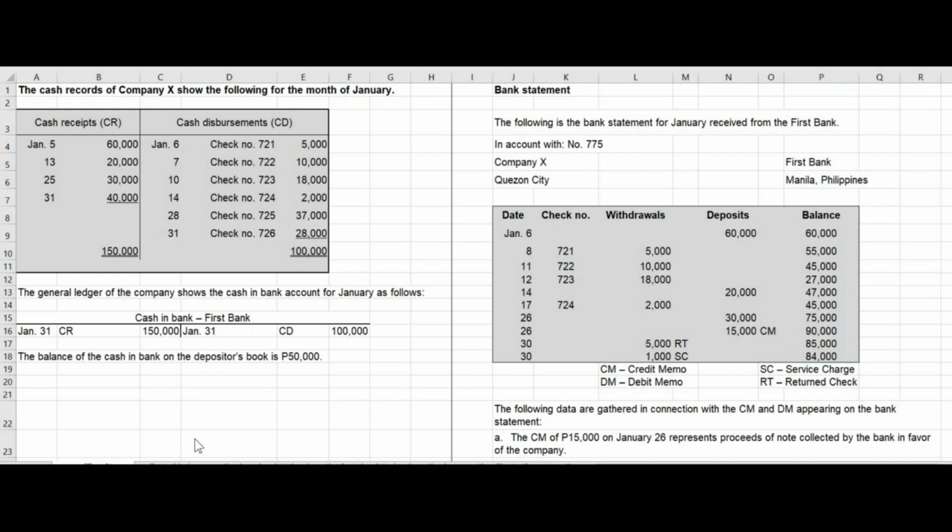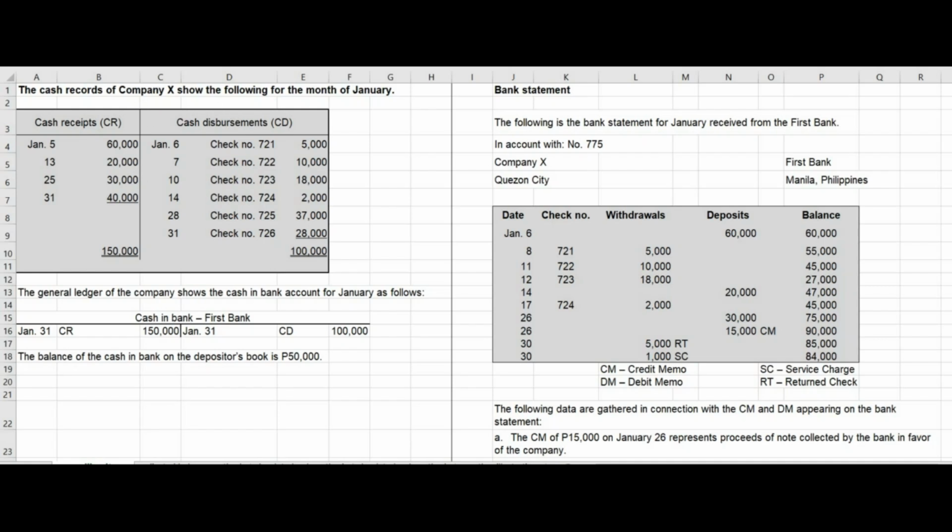Okay, so, step 2, we will now trace transactions in your company records against the records of the bank. So, let us compare the records of the book or the company and the records of the bank. So, let us start with the cash receipts.